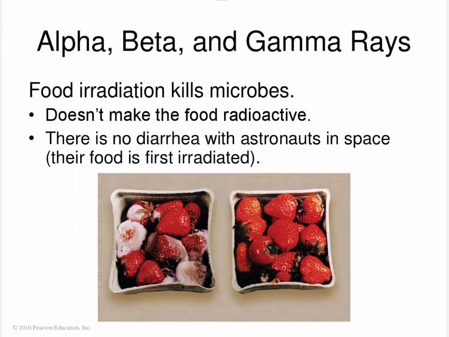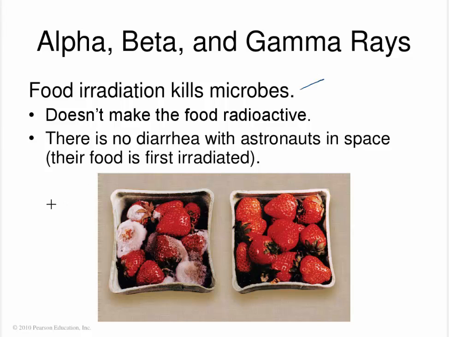Now, I do want to dispel the myth that all radiation is bad, and perhaps more so, that if something has been irradiated, it's all of a sudden radioactive and glowing green. We can irradiate food, and we can do that to kill microbes.